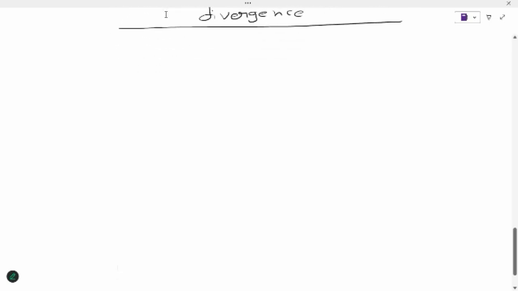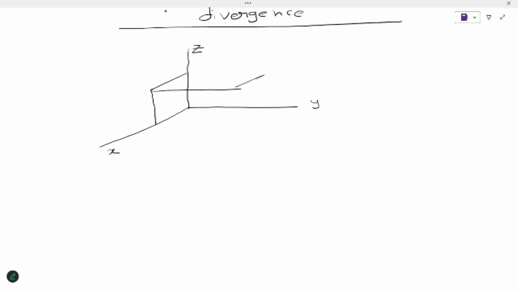Now let's suppose we have a three-dimensional Cartesian coordinate system here, x, y, and z. And also let's consider a parallelepiped of infinitesimal sides.